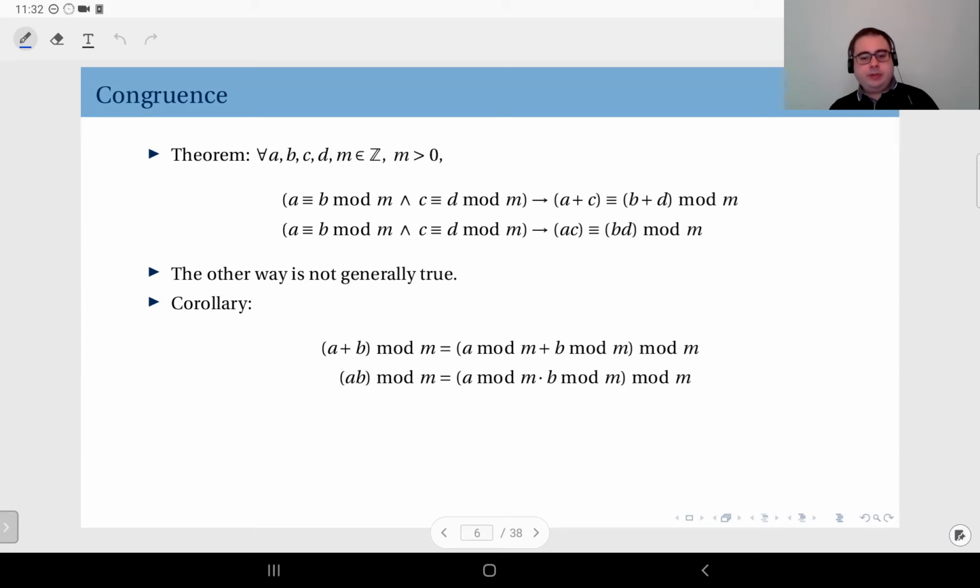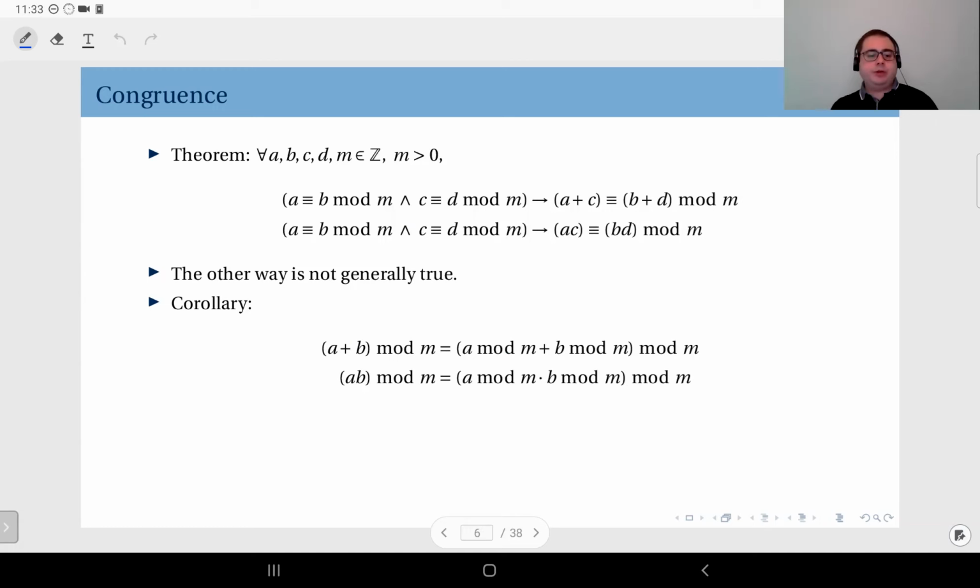If a and b are congruent modulo m, and c and d are congruent modulo m, then the sum of a and c and the sum of b and d are also going to be congruent modulo m. Also, the product of a and c and the product of b and d are going to be congruent modulo m. Okay, so this is a very useful result. Again, this is very easy to prove using the definition of congruence.